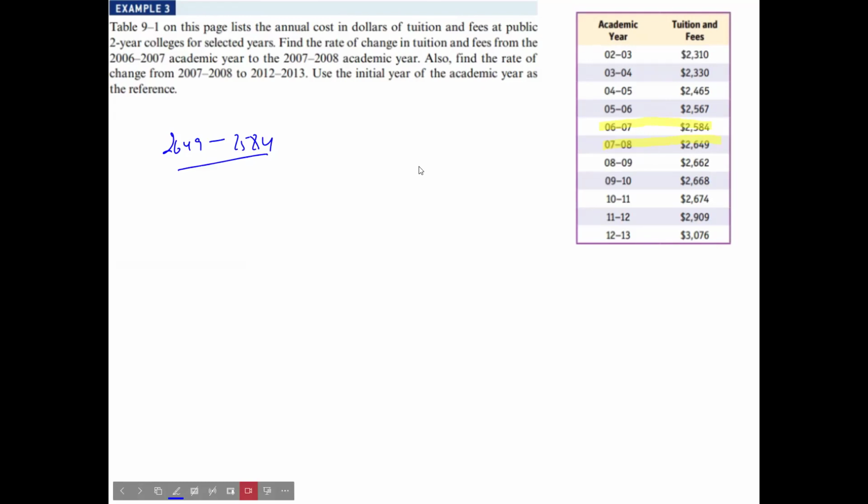How many years? 1. So what is it? 65 or something? 2649 minus 2584, 65. But that's $65 per year, right? So if you want to know a function, something like that, right? You probably want to do this.